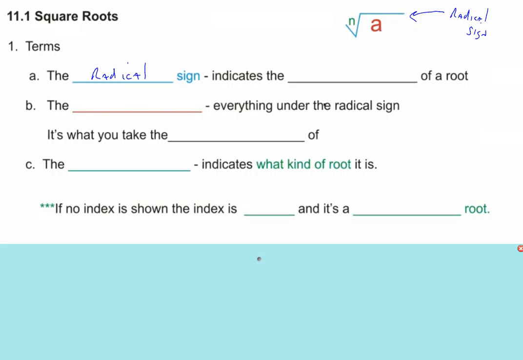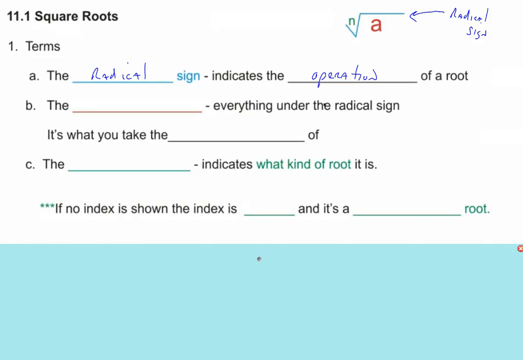R-A-D-I-C-A-L, radical. The radical sign. And it's an operation sign, like a plus sign is an operation sign, like a raised dot tells you to multiply. It's an operational sign. So it indicates the operation of a root.